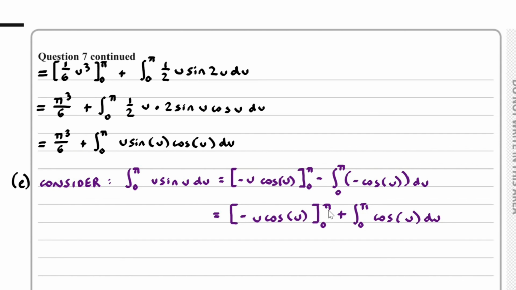Now if I substitute in pi, what I'm going to end up with is minus pi times by the cosine of pi, and then my lower limit will just be 0 because I've got 0 for u. And then the integral of cos is positive sine.